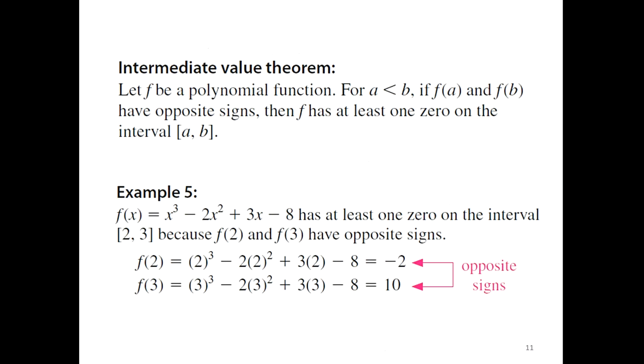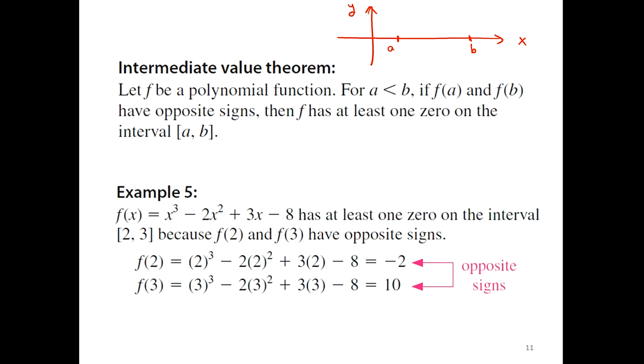How can we verify if we have zeros of a function without a drawing? We can verify by the intermediate value theorem. If we have f of x, and we have a and b, with a less than b, and f of a and f of b have opposite signs, meaning one negative and one positive.